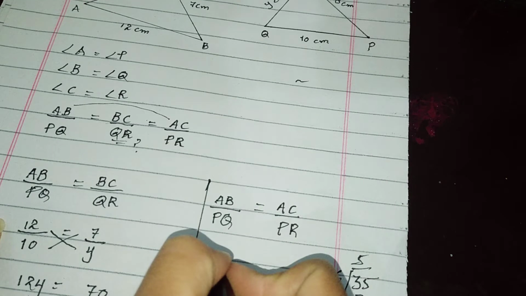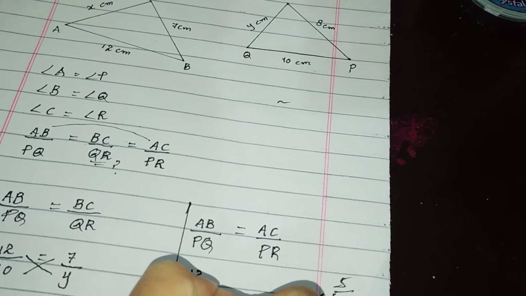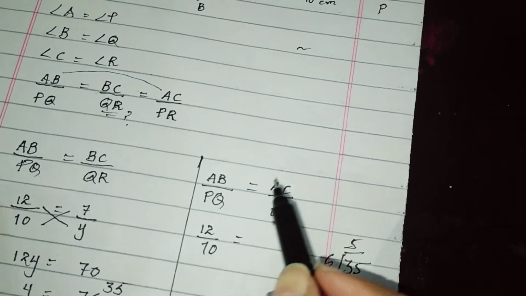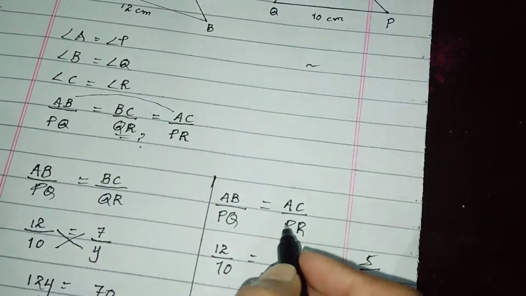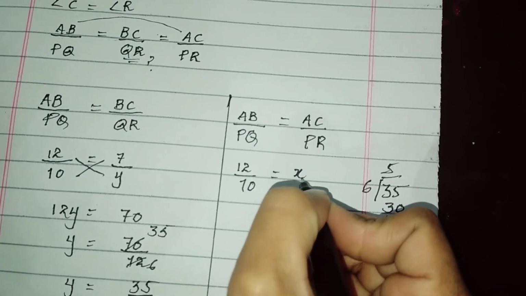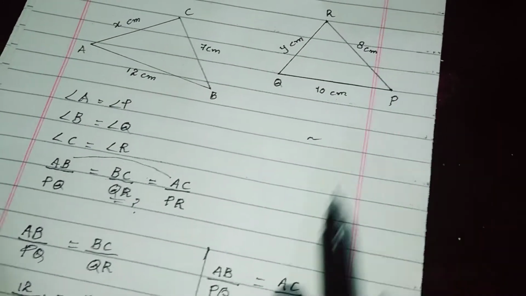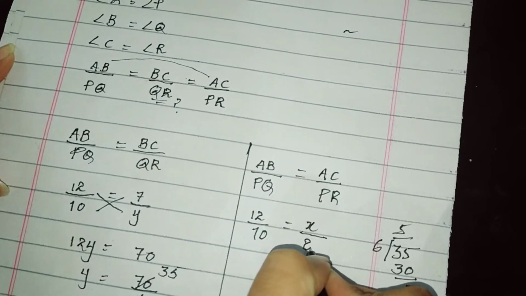AB over PQ is 12 over 10, is equal to AC, which is X, which we are going to find, over PR. What is PR? PR is equal to 8. So we can write 8.